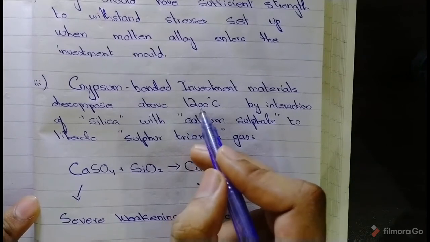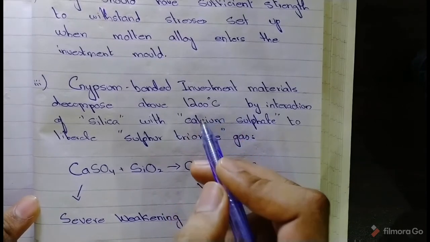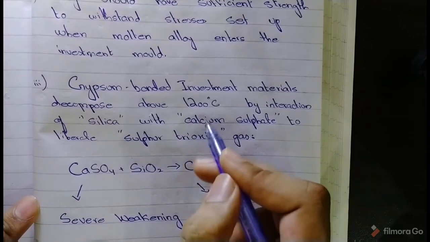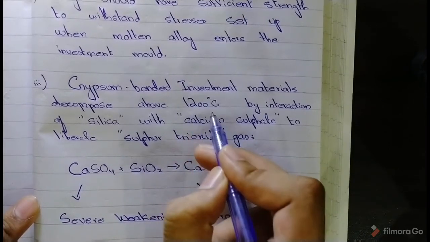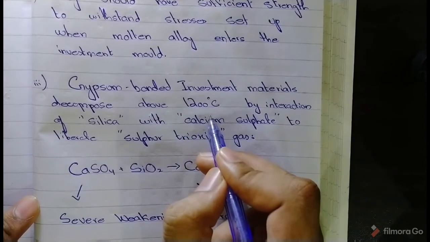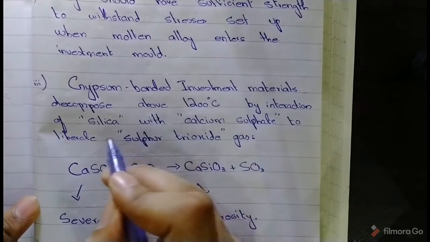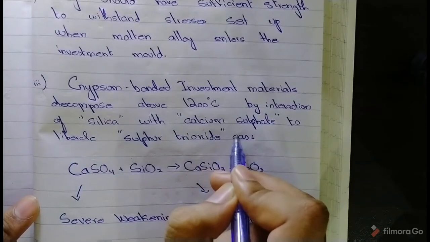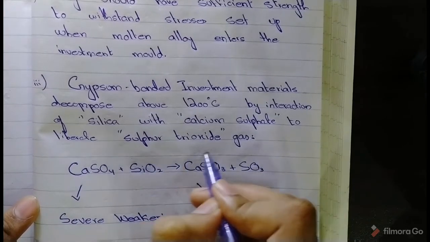That is why gypsum bonded investment materials are not suitable for alloys which are cast over 1200 degrees centigrade. Above 1200 degrees centigrade they decompose by interaction of silica with calcium sulfate to liberate sulfur trioxide.